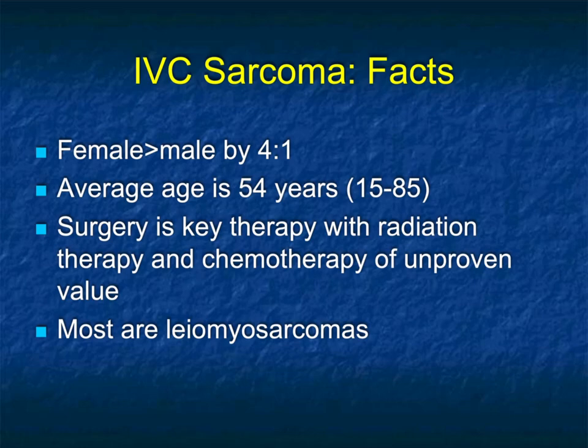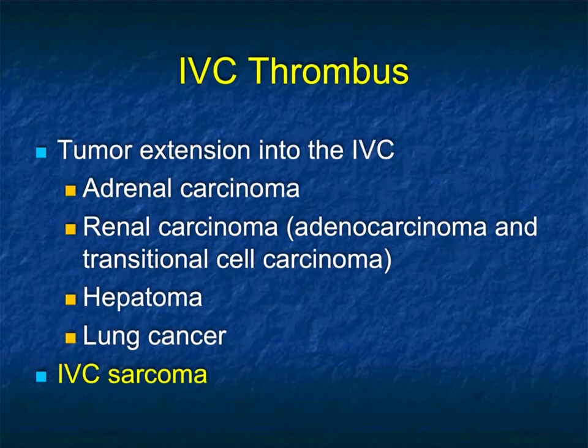Some facts: female over male 4-to-1, average age 54. Surgery is the key therapy, with radiation therapy and chemotherapy unproven in terms of value, and most of these are going to be leiomyosarcomas. When we talk about things that give IVC thrombus, we mentioned tumor extension.